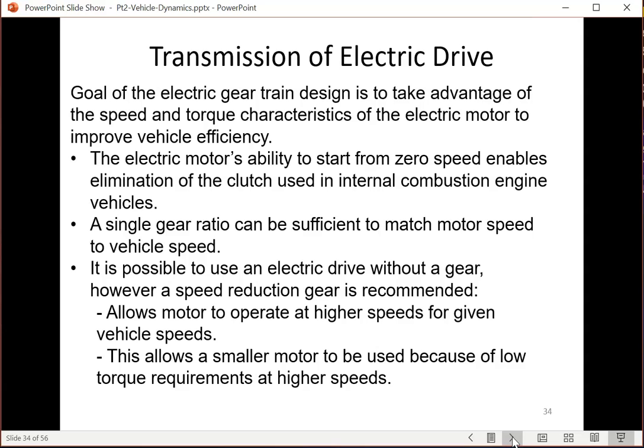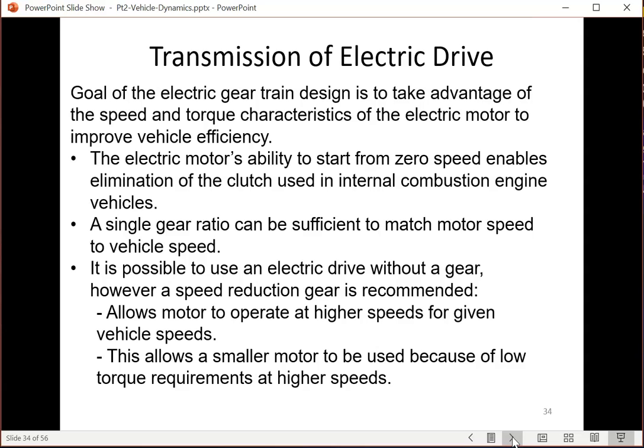And of course, it's even possible to get rid of the gears altogether, so you would have a connection between the motor and the wheels directly, with no gear ratio. But again, that sometimes can be difficult to achieve because motors tend to give you relatively lower torque at higher speed.